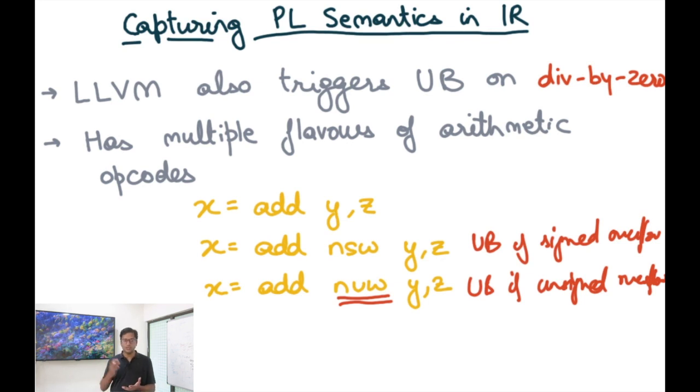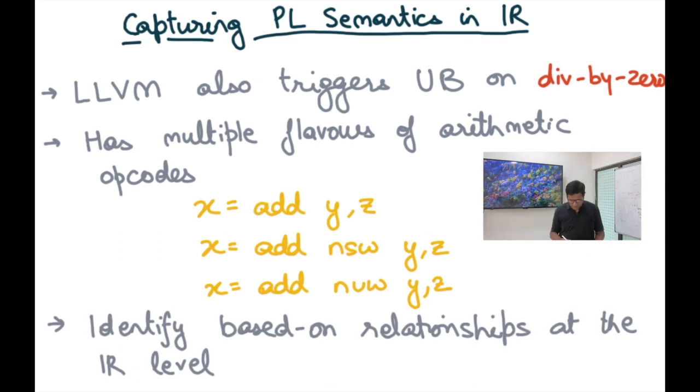Unsigned integer overflow is actually wraparound in C. But because LLVM caters to more languages than C, it treats signed and unsigned more uniformly, and if somebody wants to implement unsigned integer overflow UB, then they can use the NUW opcode in LLVM. So basically, whatever the semantics in the programming language are, they are also reflected in the IR to be able to reason about the kinds of transformations that we discussed in the previous slides.